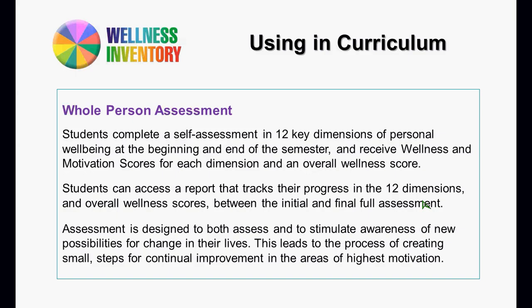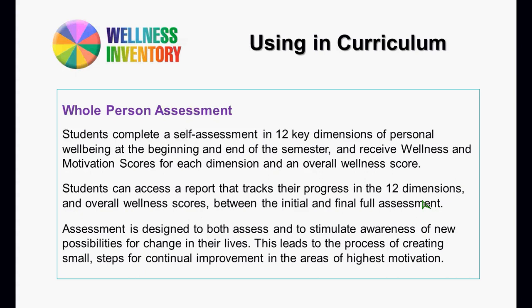At the very beginning of the semester, students can complete a self-assessment in the 12 key dimensions of personal well-being, and then do it at the end of the semester as well. They're going to receive their wellness and motivation scores for each dimension and an overall wellness score. They're also going to receive a report after taking the second full assessment at the end of the semester that tracks their progress in the 12 dimensions and also overall wellness scores between the initial and full assessment.